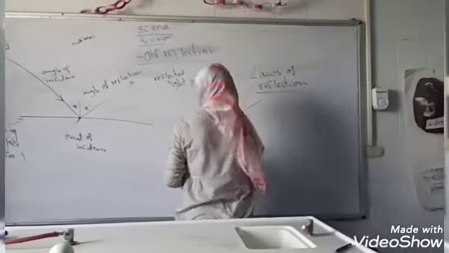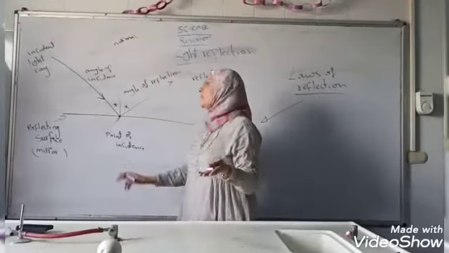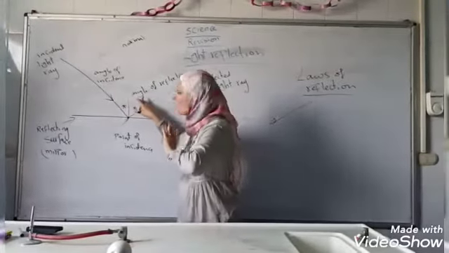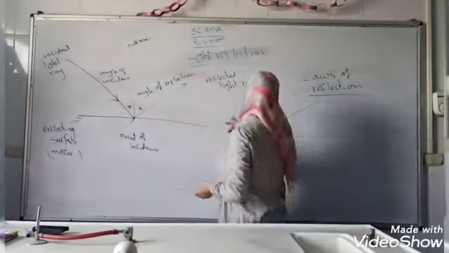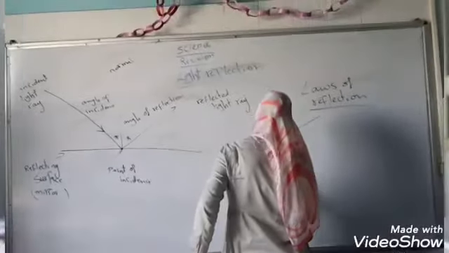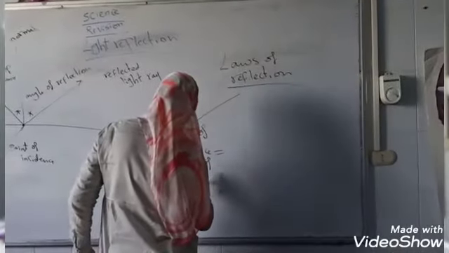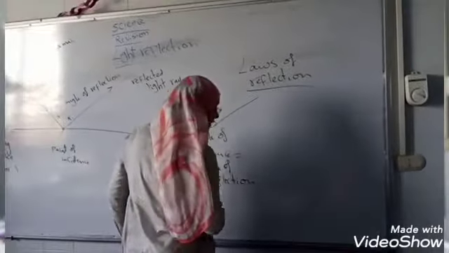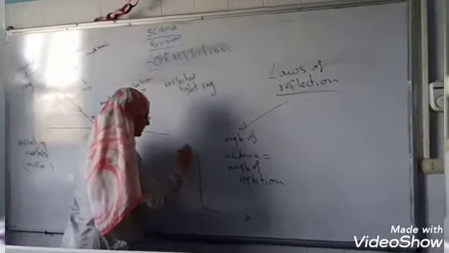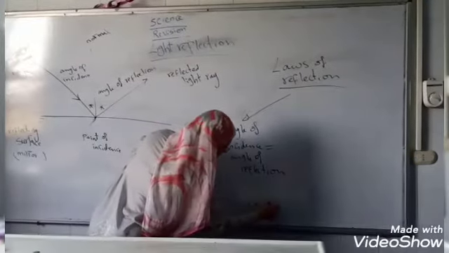First law: the angle of incidence must be equal to the angle of reflection, and the relation between them is direct. If the angle of incidence equals 20, the angle of reflection equals 20. If the angle of reflection equals 40, the angle of incidence equals 40. So the angle of incidence equals the angle of reflection, and the relation between them is direct.